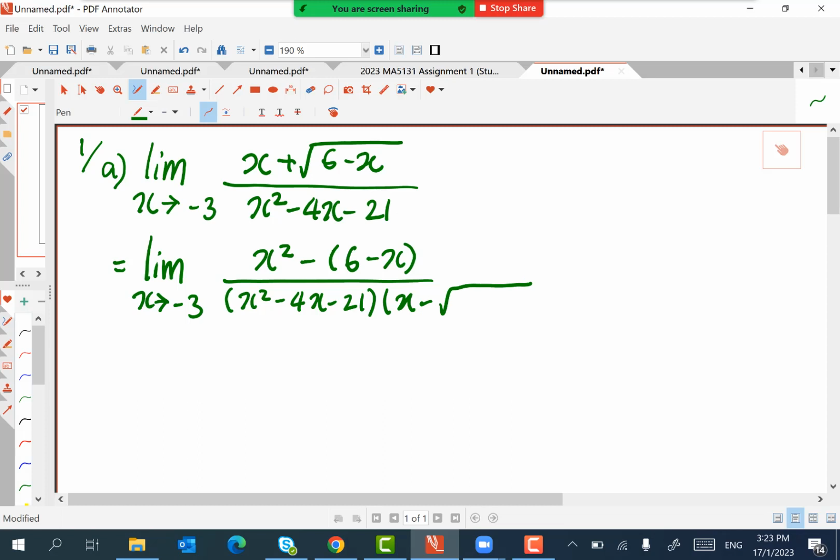Let me check something first. Okay, for the numerator, what is it again?